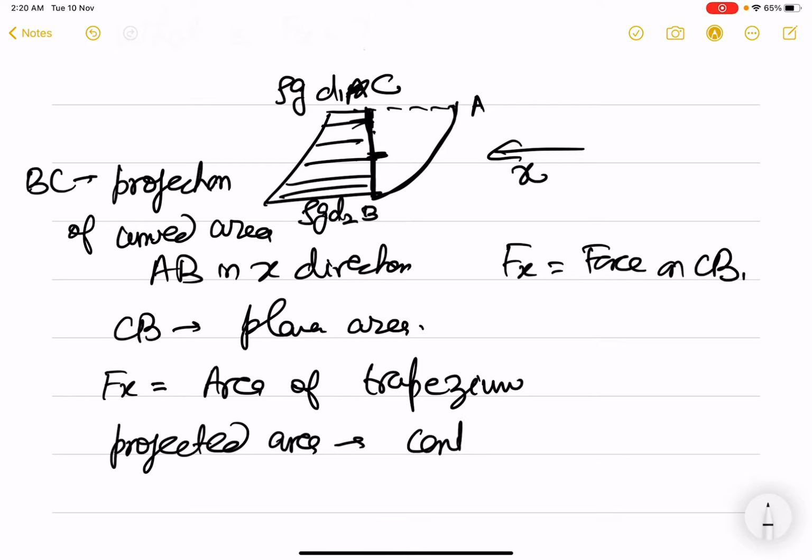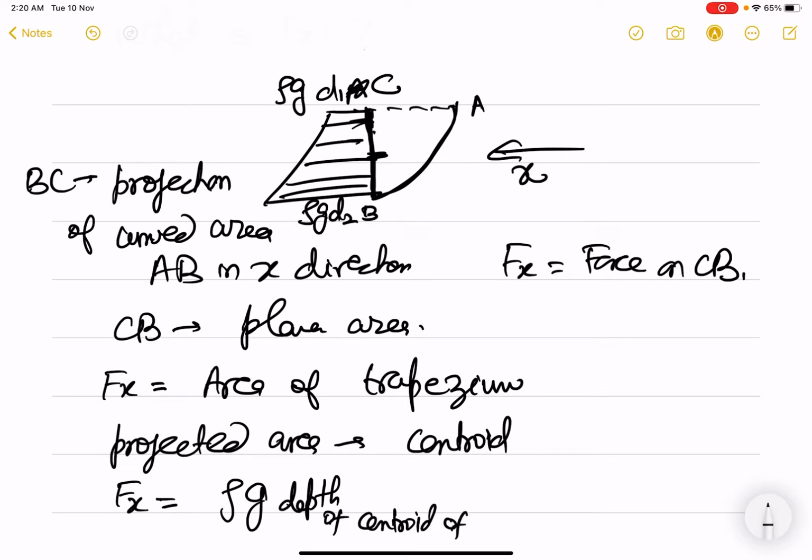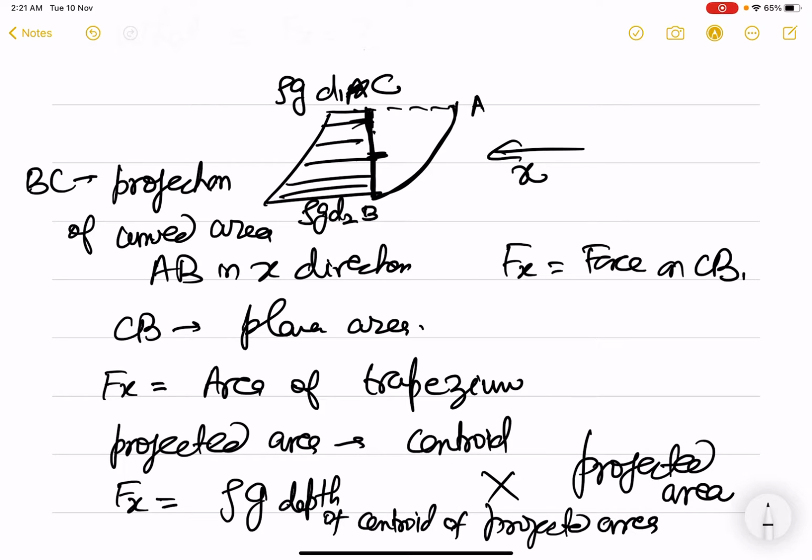if we look at its centroid, then Fx is also equal to rho G times the depth of the centroid of the projected area multiplied by the projected area. So it is as if I have to find the horizontal force on BC, and that will give me Fx.